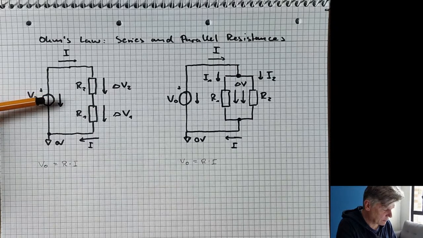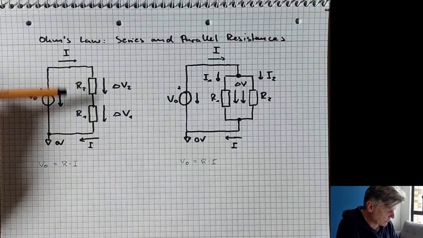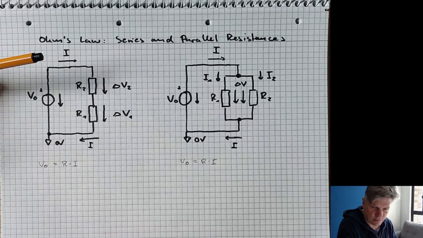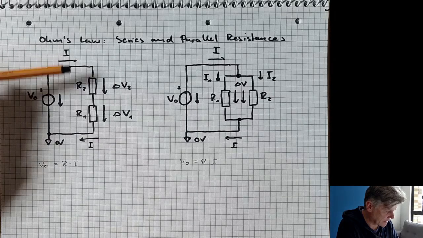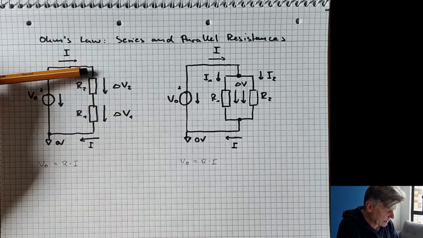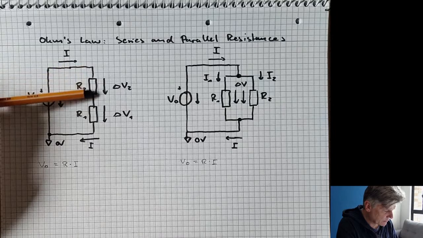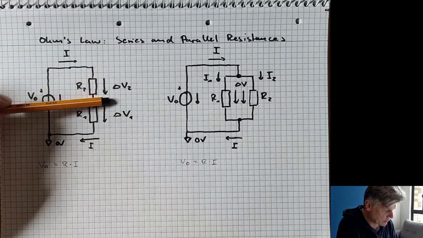So in this case, I'm using the symbol for an ideal voltage source. Okay, so we have a voltage, a potential difference here. And the potential difference is basically a difference in potential energy. So we have a higher potential energy here than here. And now, since currents are running through these resistors, they lead to a voltage drop, right?